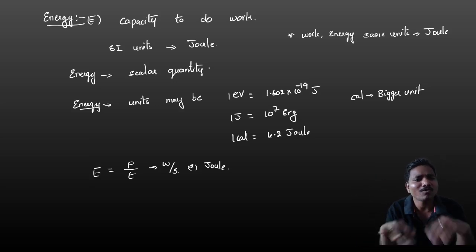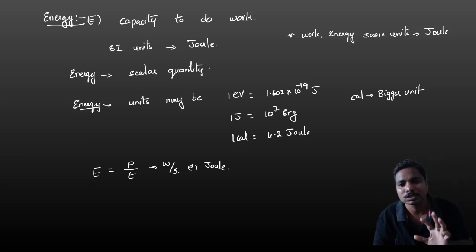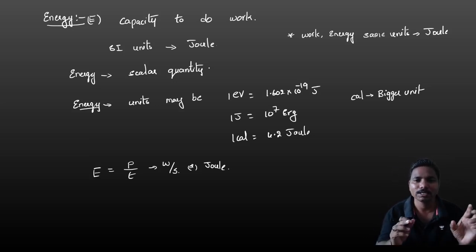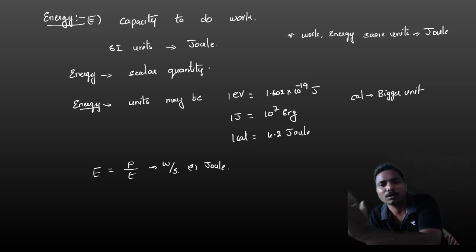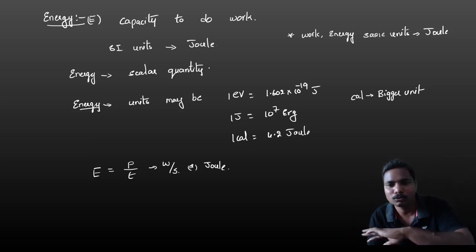So whatever the energy is there, it follows the law of conservation of energy. What is the law of conservation of energy? Energy can neither be created nor be destroyed, but can transform from one form to another form.